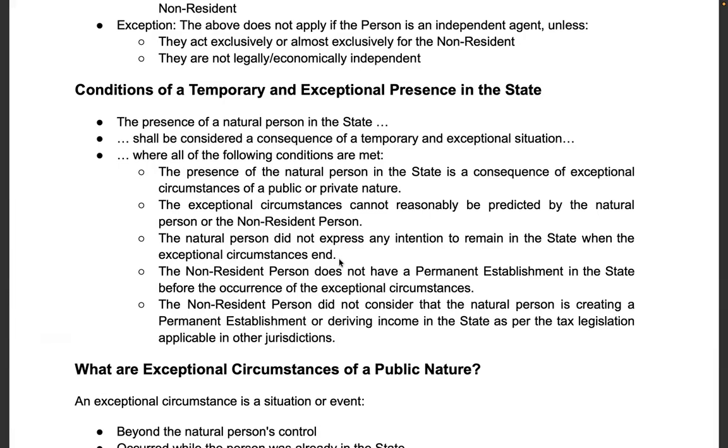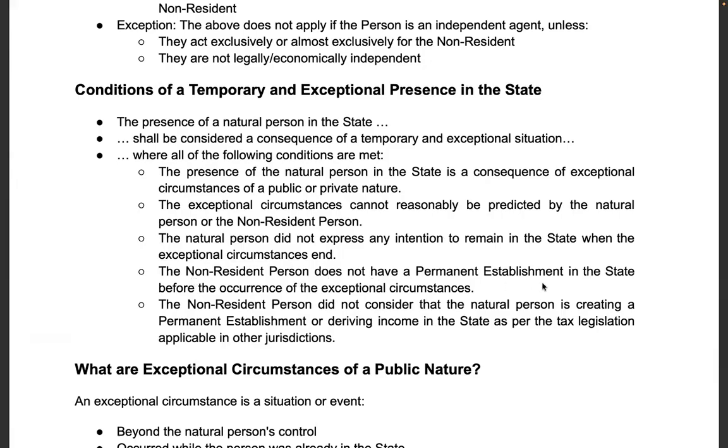If that is the case, then yes, the tax authority will have a favorable view on the temporary presence. But if you say, actually, I'm going to make my permanent home here and buy property, and I don't plan to leave the UAE, then that will be a different scenario. That will no longer be considered a temporary circumstance or exceptional situation.